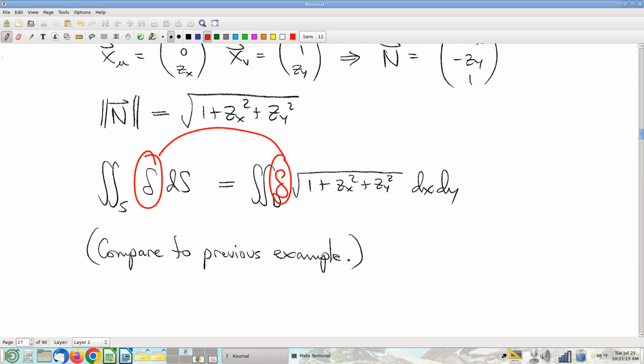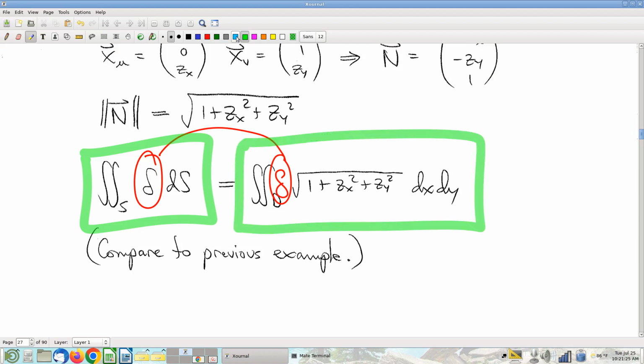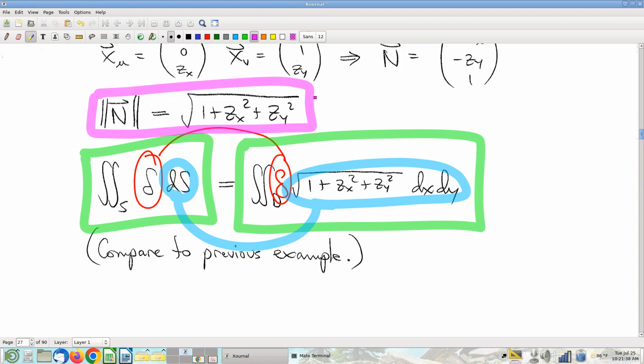Sorry about that. So if you're computing something, maybe mass or whatever, and you want to pull back through the parameterization, your stretching factor is always that.